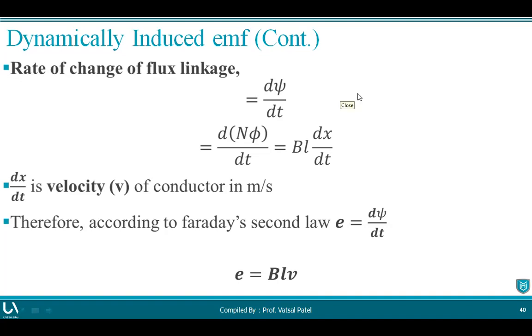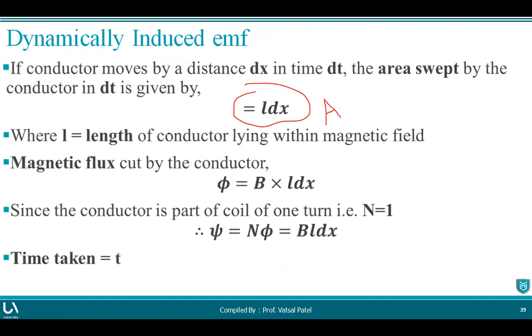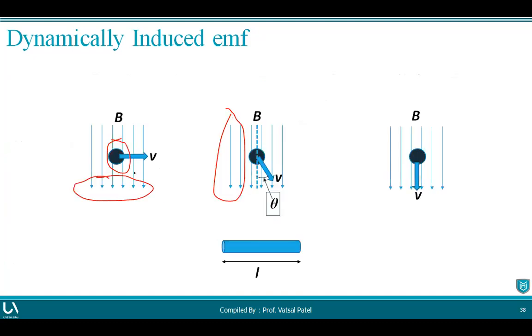Now let us consider the angle part, because in the previous diagram I showed that there is an angle between the direction and the reference, which is your magnetic flux line.